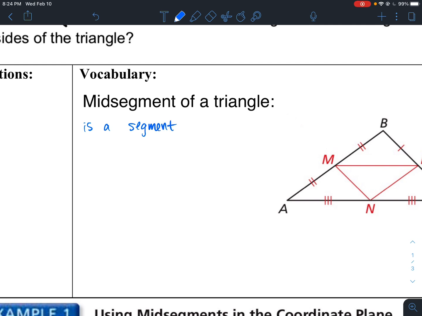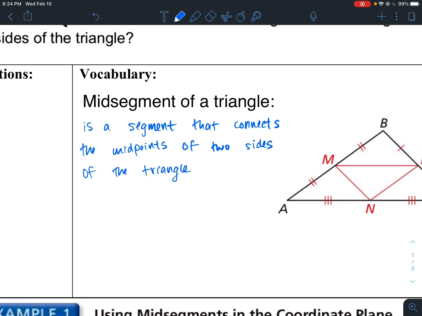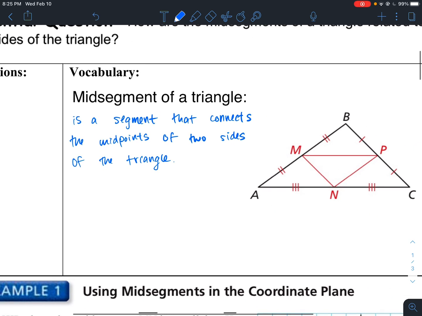It is a segment that connects the midpoints of two sides of the triangle. So there are three mid-segments of a triangle. So it connects the midpoints of the two sides.